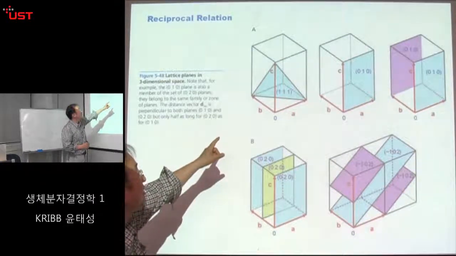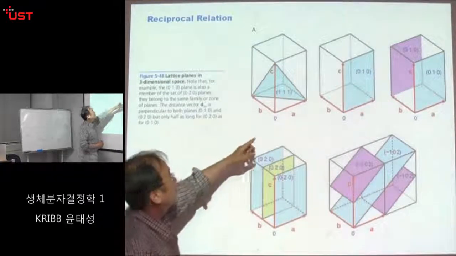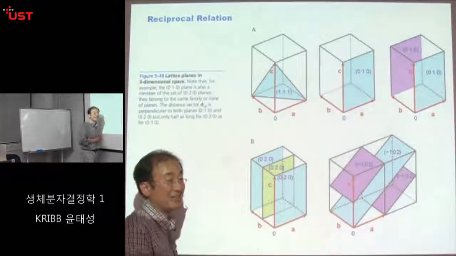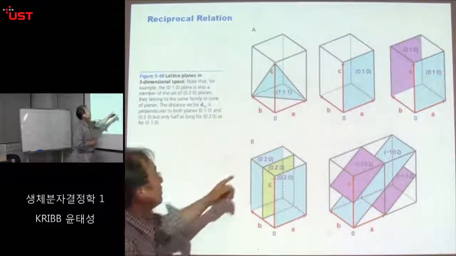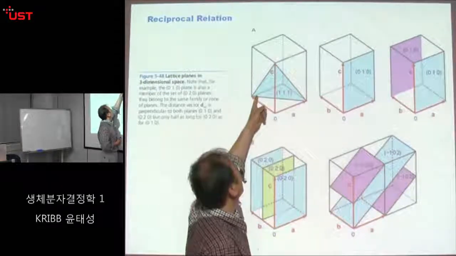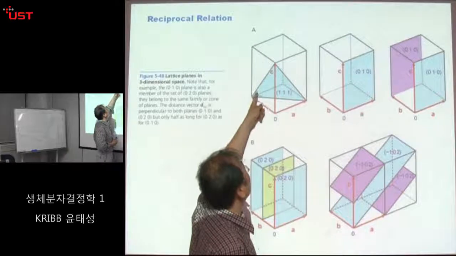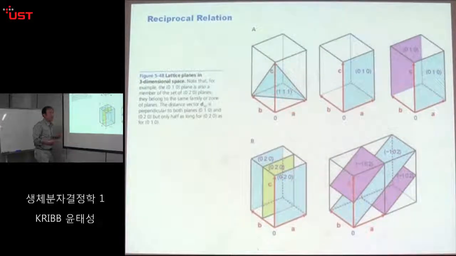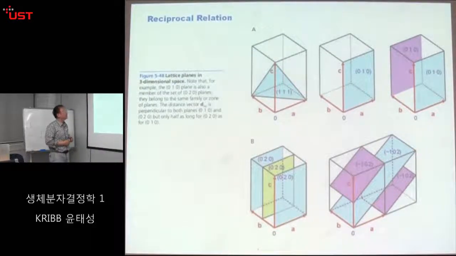H is 1, K is 1, L is 1. Along the ABC edges, the three edges, what do you have? 1, 1, 1: 1 along A, 1 along B, 1 along C. So along A, we are pointing to this edge or vertex. Along B, we have this edge, and this edge. And with 3 points in space, a plane can be defined.